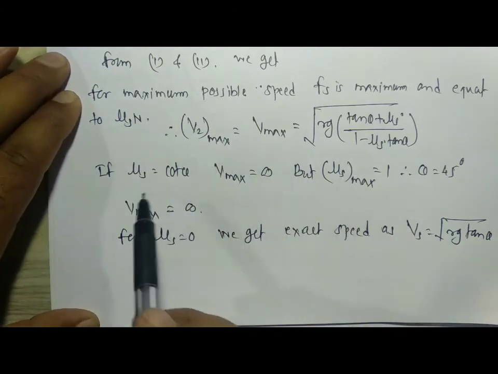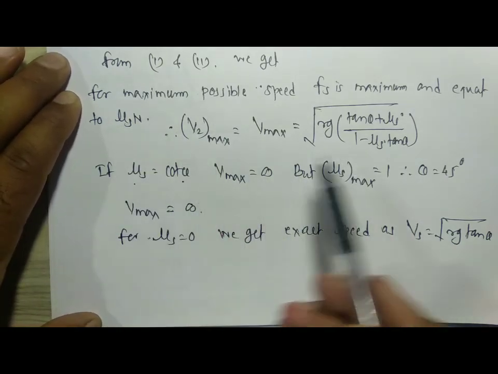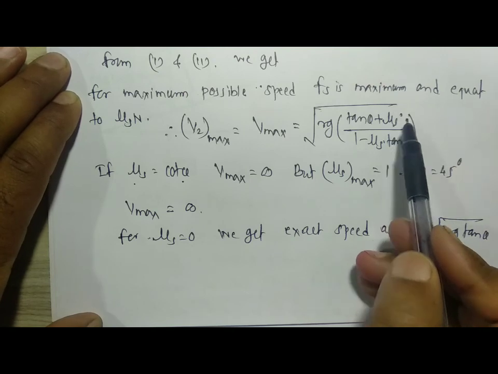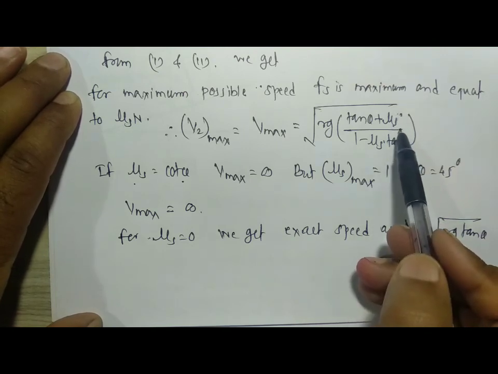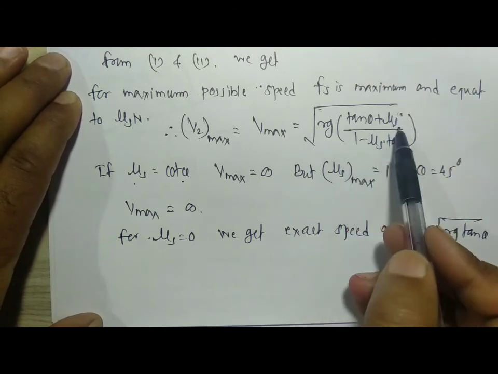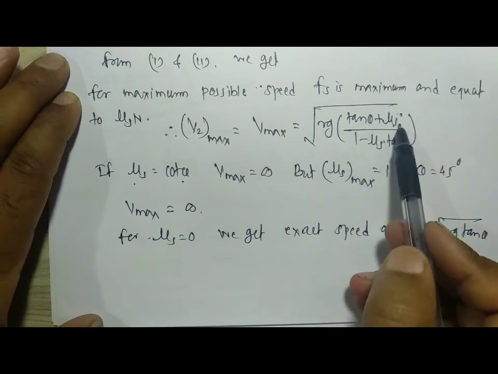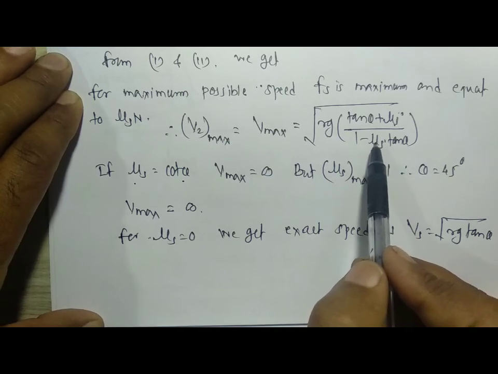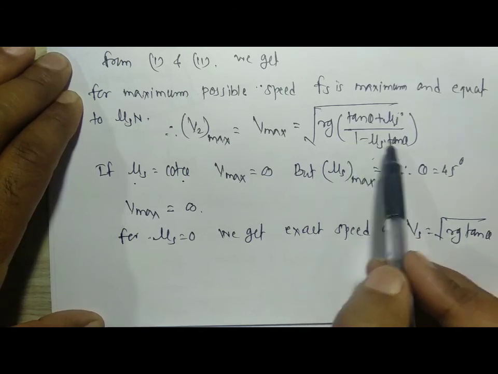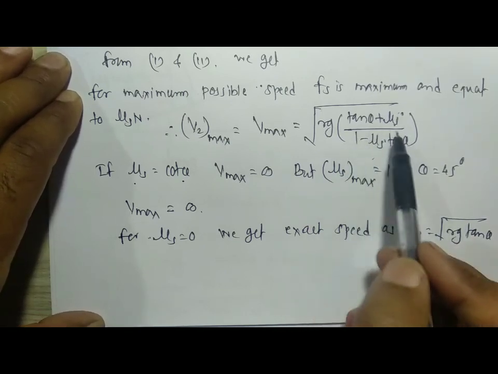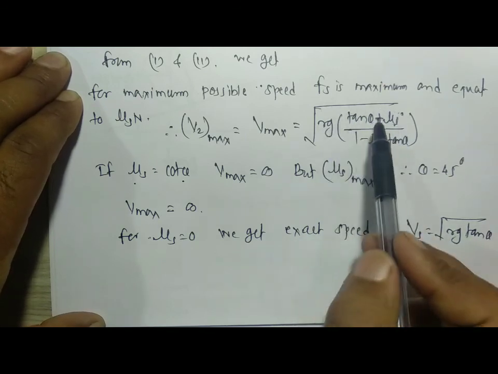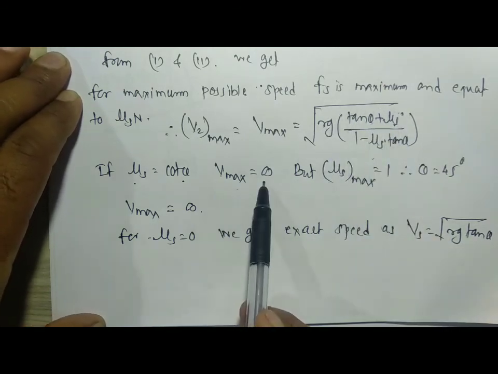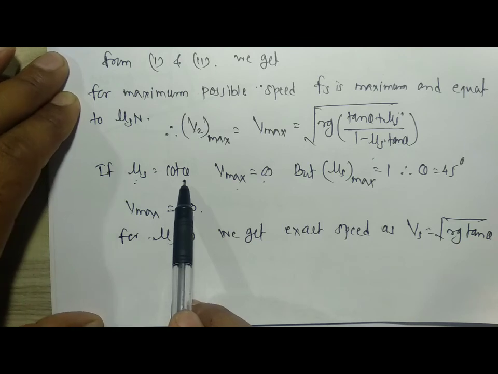Here mu s is equal to cot theta, that means 1 divided by tan theta, which is opposite to that one, and by putting 1 divided by tan theta you get 1 minus 1, that means 0, and the denominator becomes 0, that means it becomes infinity, and therefore Vmax is equal to infinity when mu s is equal to cot theta.